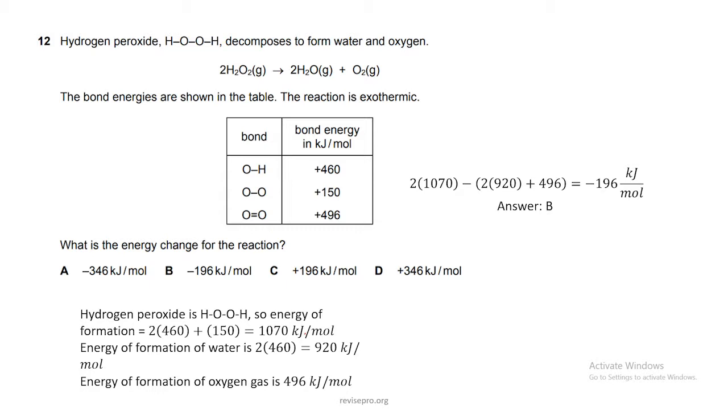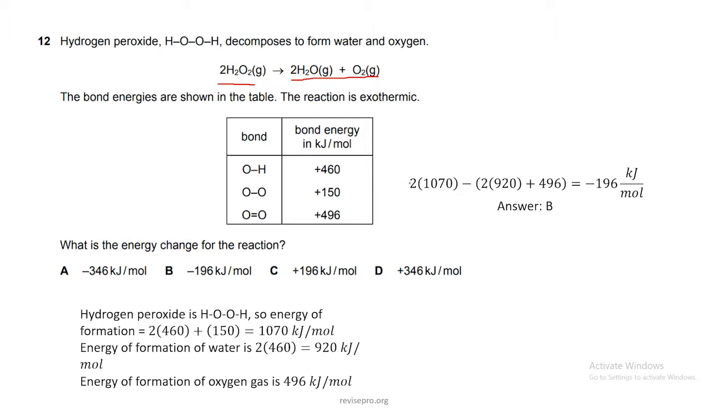Now you've got to find the energy of formation of the products. 460, pretty straightforward. The energy of formation of oxygen gas is 496, also straightforward. Now to find the energy change of the reaction, you need to subtract the energy of formation of all the products from the reactants.